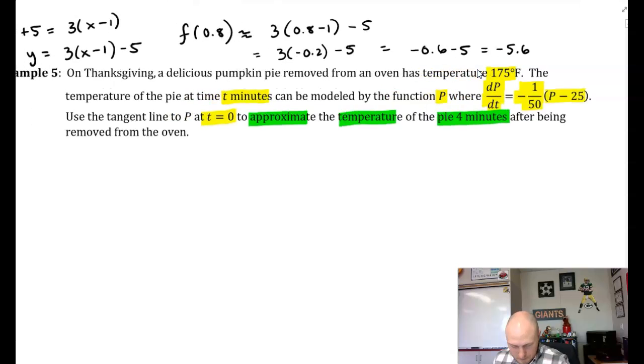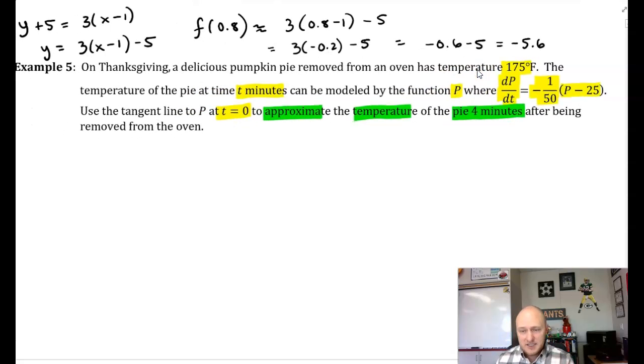Okay? So, step 1, I need a tangent line. I need a point. What is the point? Well, they tell me at time t equals 0, and I need to know the temperature of the pie at 0. Well, they said when we take it out of the oven, that pie is 175 degrees Fahrenheit.